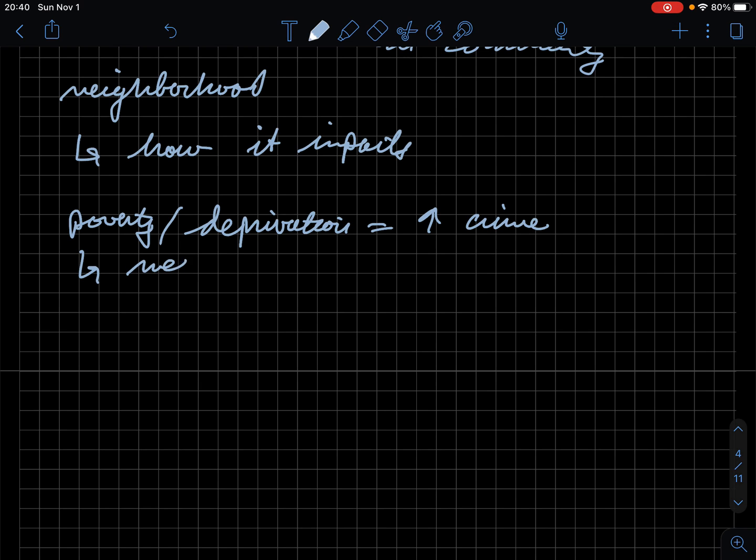The problem is that these measures only measure poverty and low income. Social disorganization doesn't necessarily say that poverty leads to more crime. It instead is stating that there's a breakdown of community communication, and that is what results in more crime.